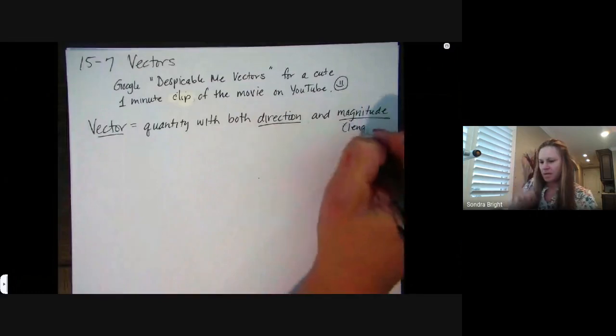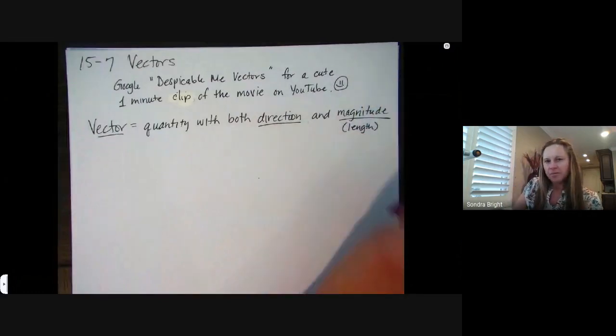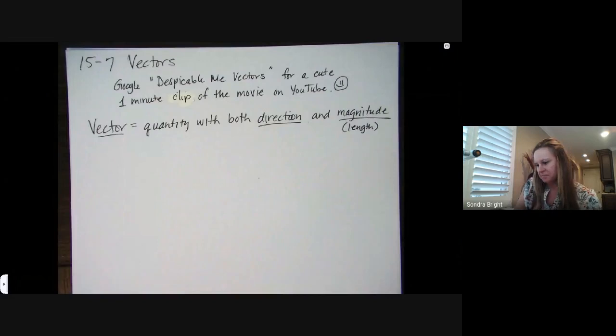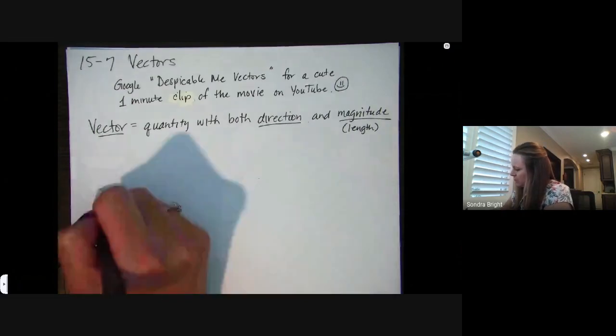I think you're probably all too young to have taken any physics yet, but velocity is an example of a vector. Velocity is the perfect example. Maybe you guys have seen velocity somewhere else, but anyway, so what is a vector? Well, it is a quantity with both direction and magnitude.